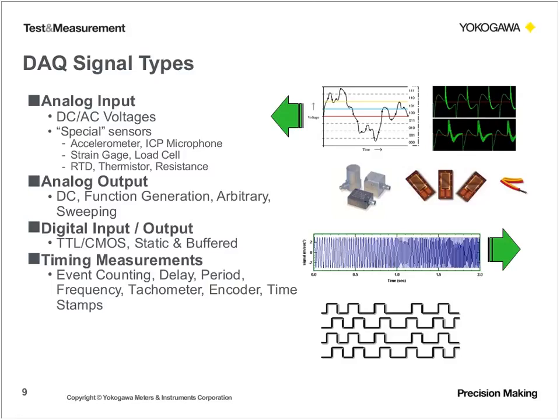Now, noise may or may not be important to you when you're working with timing measurements. Due to the nature of these signals, usually that's not the case. But again, keep in mind, if you are getting incorrect measurements with these digital signal types, noise may be a huge factor in dealing with that.